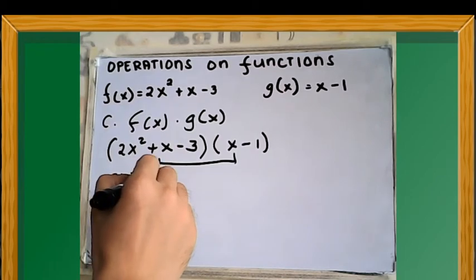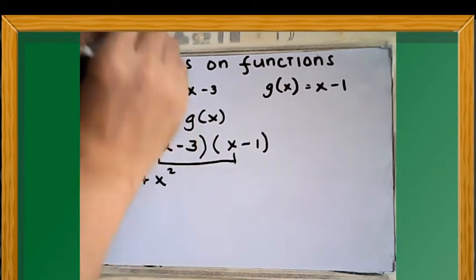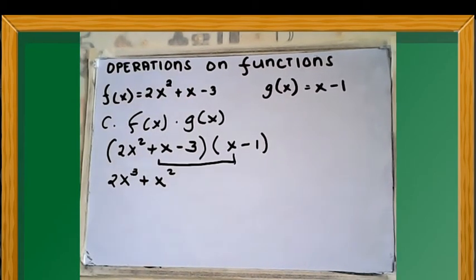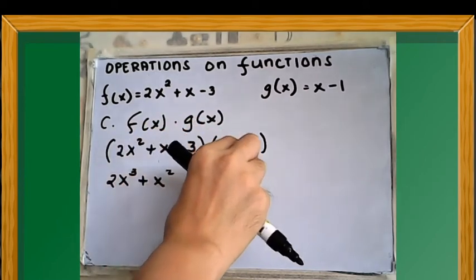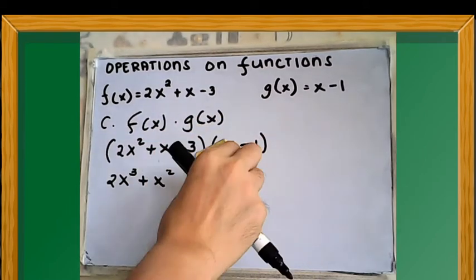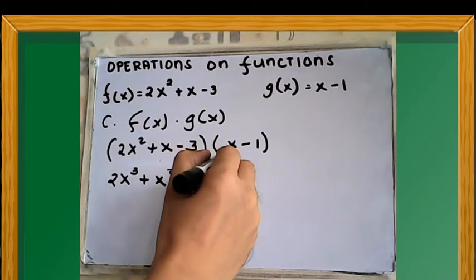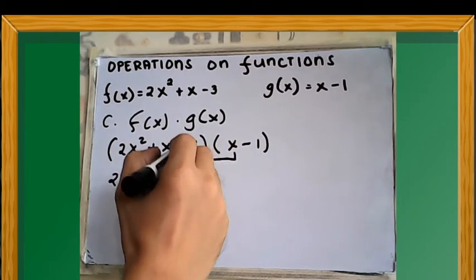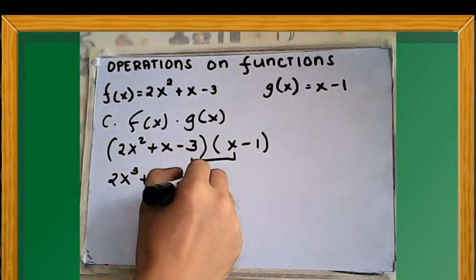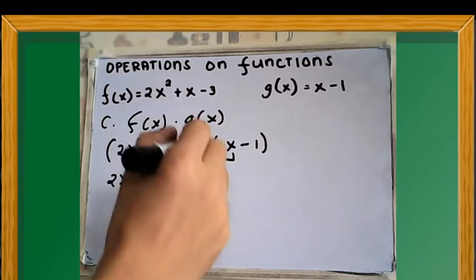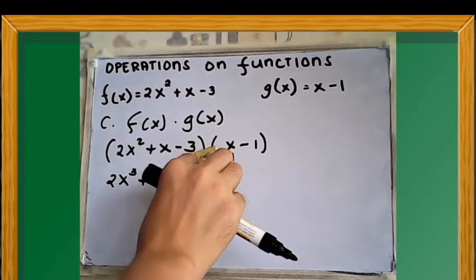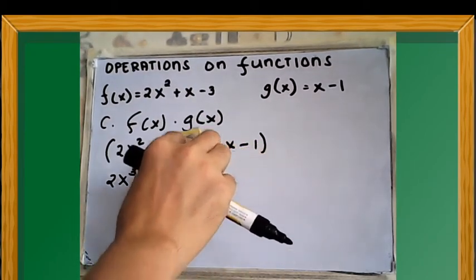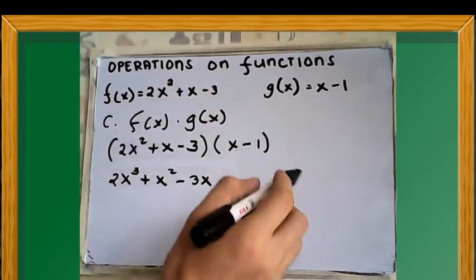So that is x squared. Next, x multiplied by negative 3 is negative 3x. So na-distribute na natin si x sa lahat ng terms sa first expression.